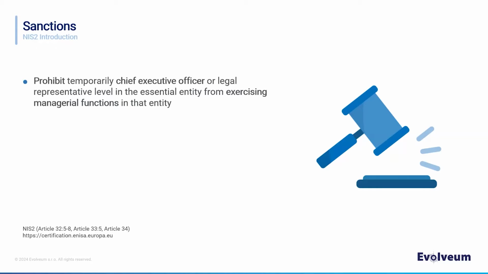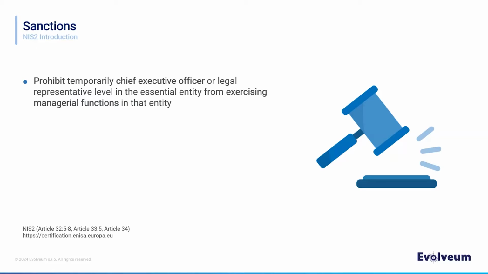And since we have responsibilities, we also have sanctions. If the management bodies do not comply with NIS2 or its local transposition in the member state, then the local authority can temporarily prohibit the chief executive officer or legal representative level in that essential entity from exercising managerial functions in that entity.